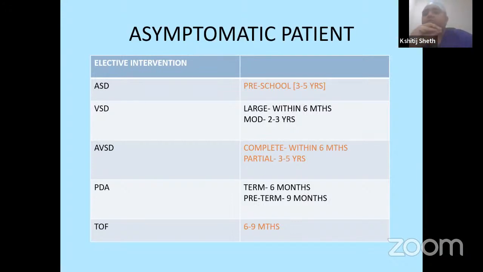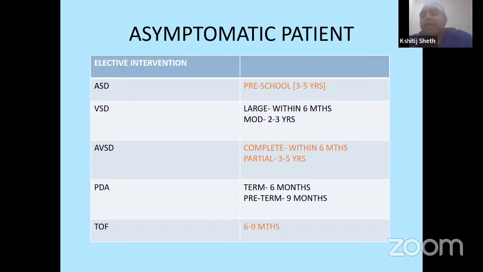Moderate VSD who are symptomatic have to be treated as and when they present to you. But moderate VSD without symptoms, you can wait till 2 to 3 years for closure. AV canal or AV septal defect: if it is a complete AVSD, it has to be treated within the first 6 months. If it is a partial AVSD, like an ASD, by 3 to 5 years.